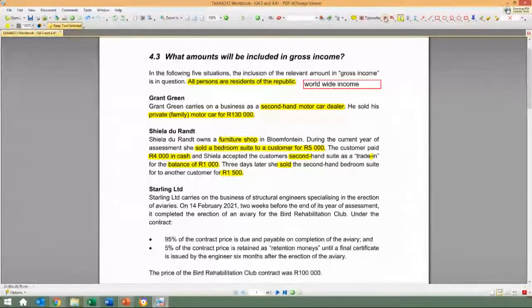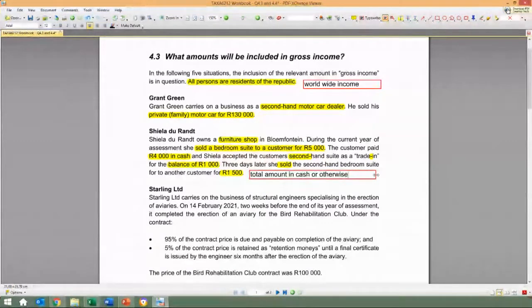So the one that would actually be applicable to this one is the total amount in cash or otherwise. And the reason I say this is because they paid a portion of the price by giving her second-hand furniture to sell.